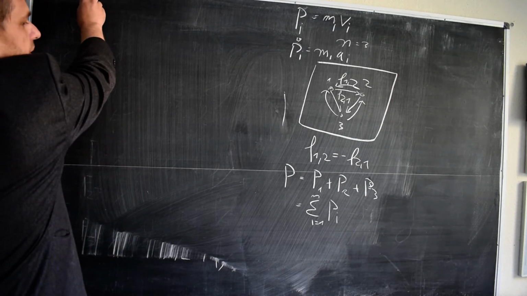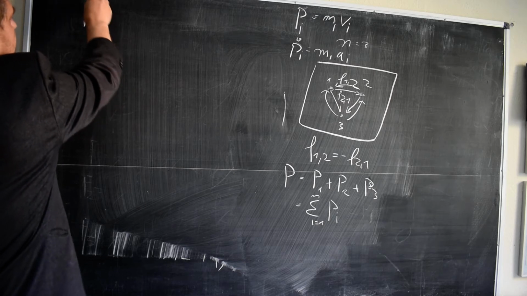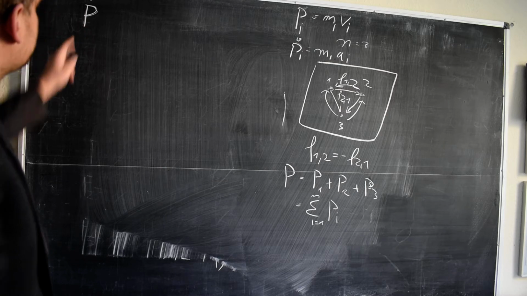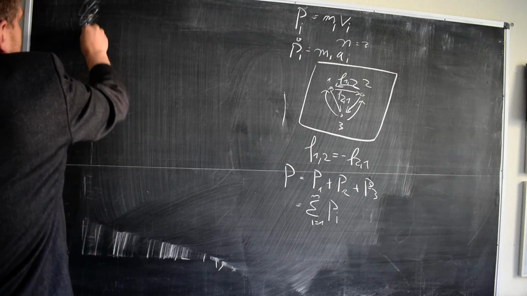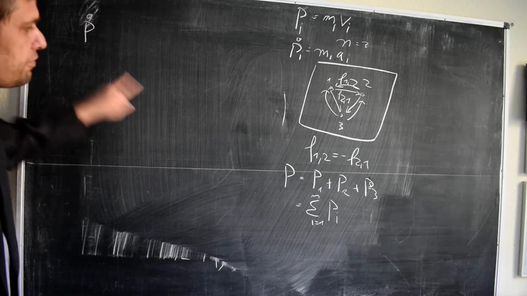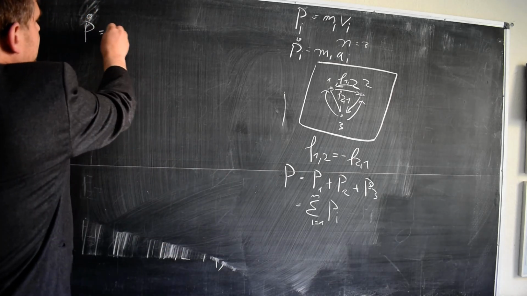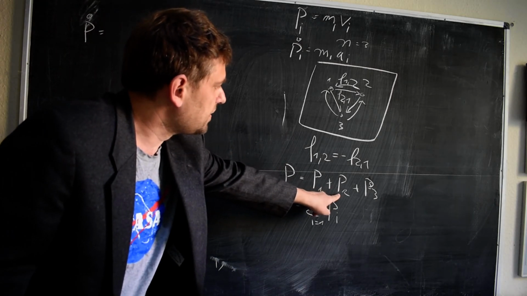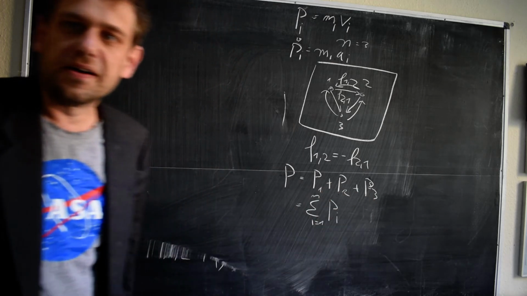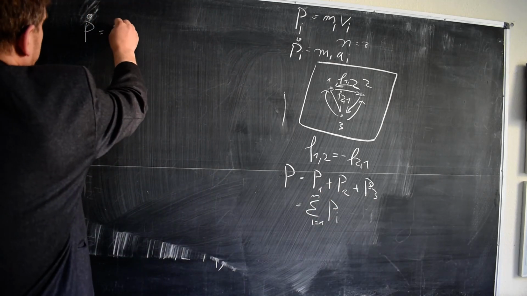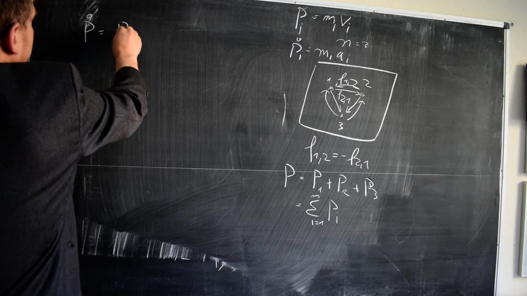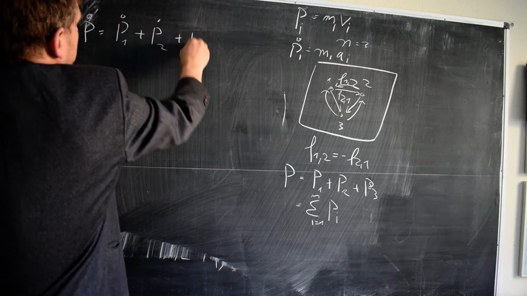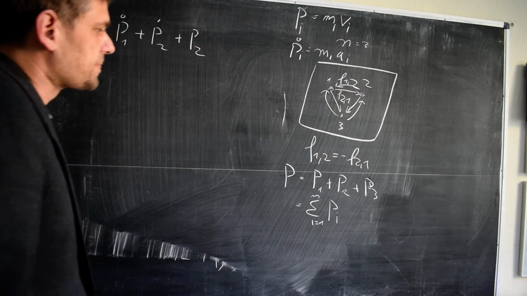So the derivative of this, can you see this? I'm going to write this a little bit lower. So the derivative of P, well, this is just the sum of the derivatives of P1 plus the derivative of P2 plus the derivative of P3, so that we can write the derivative of P is this plus this plus this.